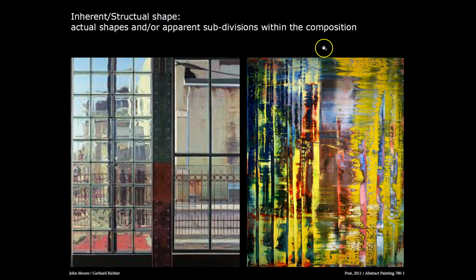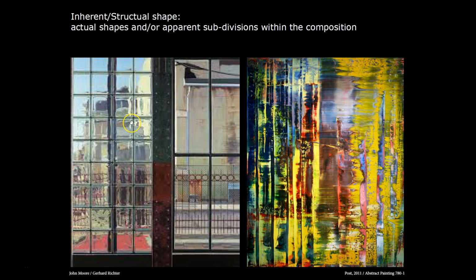And they also share similar proportions and similar aspect ratios, which are things that we've talked about now. Then in this image by John Moore, there's this structural breakdown of a grid on it as well. The Gerhard Richter painting kind of has that, but it's not as well ordered.